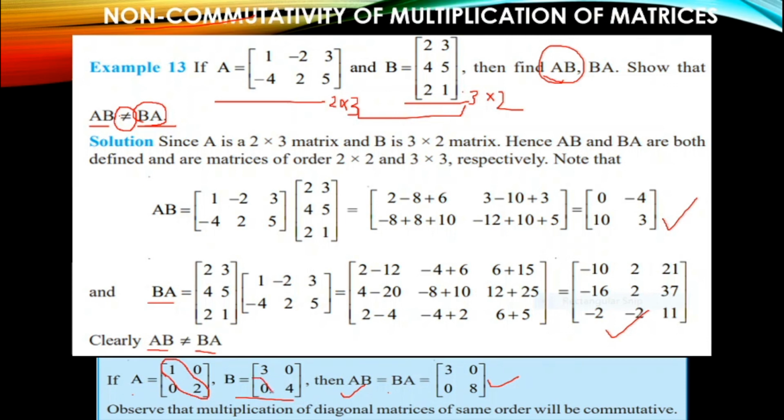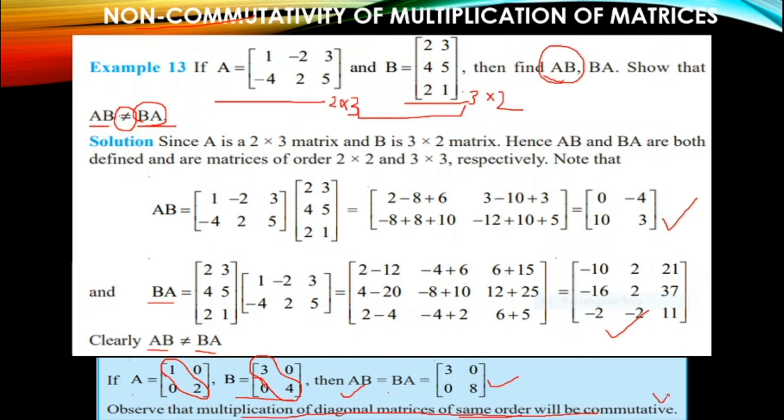So when you multiply two diagonal matrices, the multiplication will be commutative, that is multiplication of diagonal matrices of the same order. One more thing to keep in mind, it should be of the same order. So multiplication of diagonal matrices of the same order will be commutative.